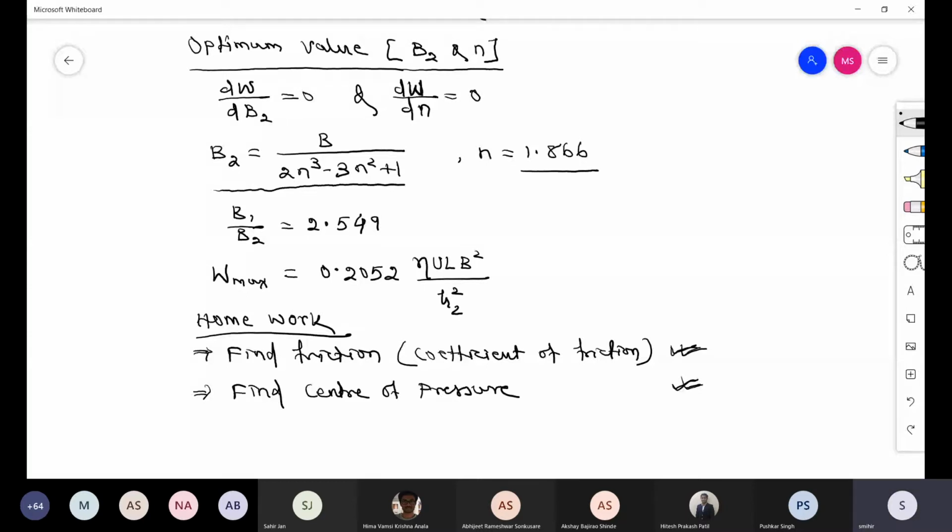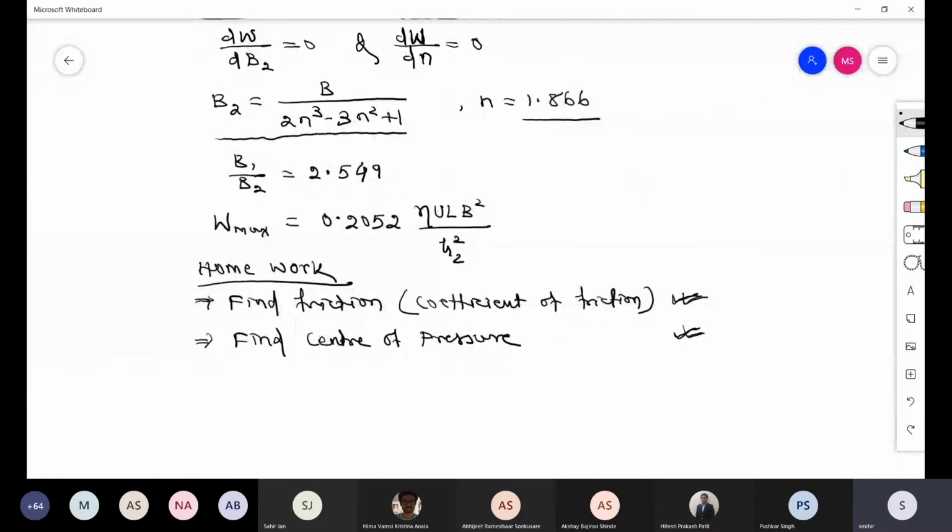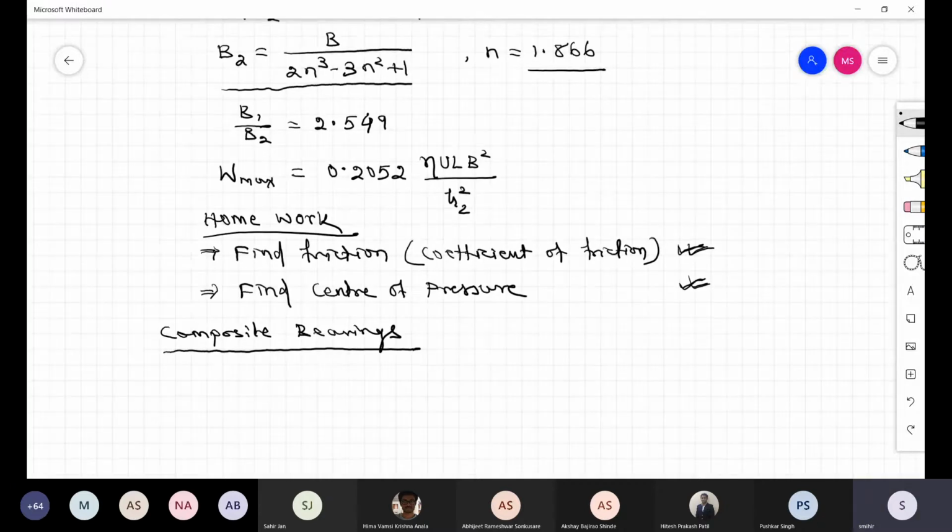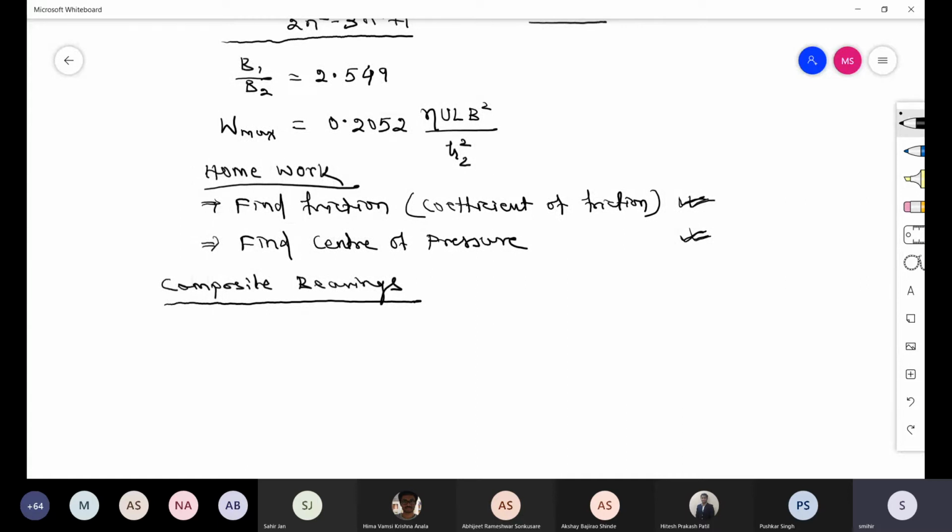So this is another example of slider bearing. You can have various configurations of slider bearing. Let's say composite bearings. We saw plain slider bearing. We saw Rayleigh step bearing. So you can have a bearing like this also. This configuration where this will be B1 and B2.